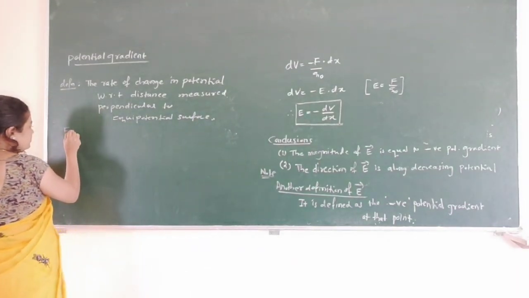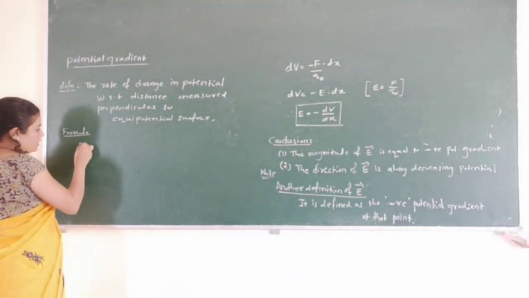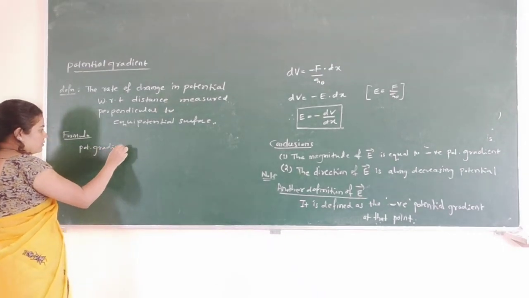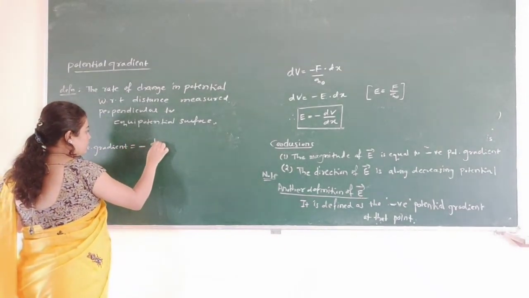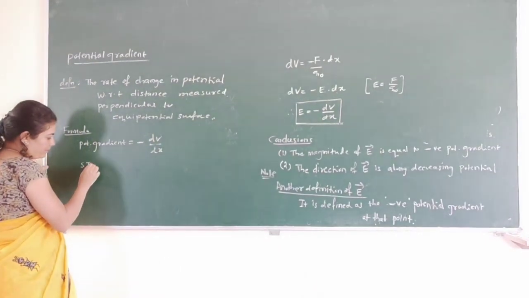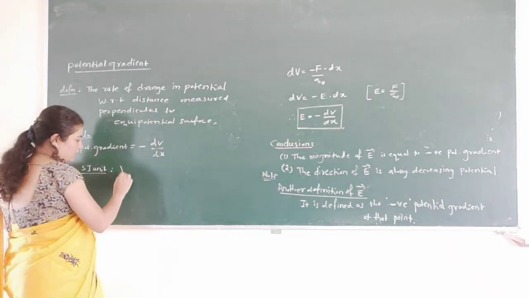Formula: potential gradient equal to minus dV by dx. SI unit: volt per meter.